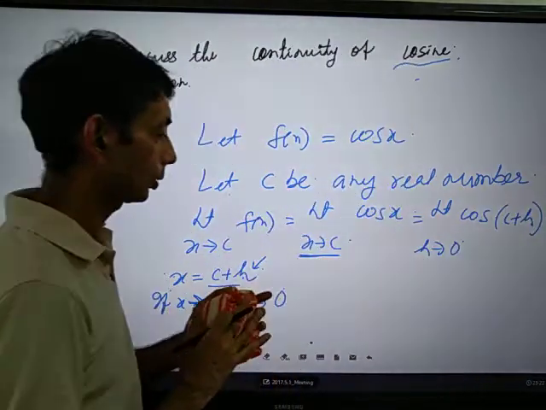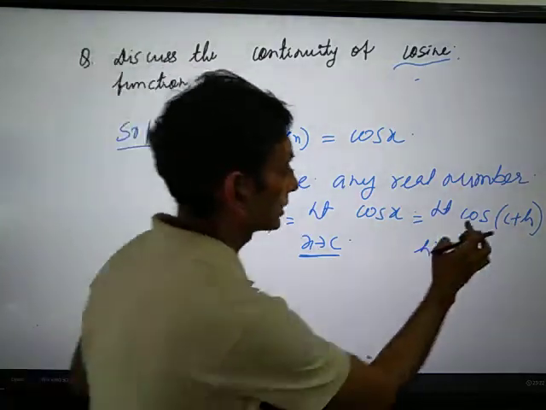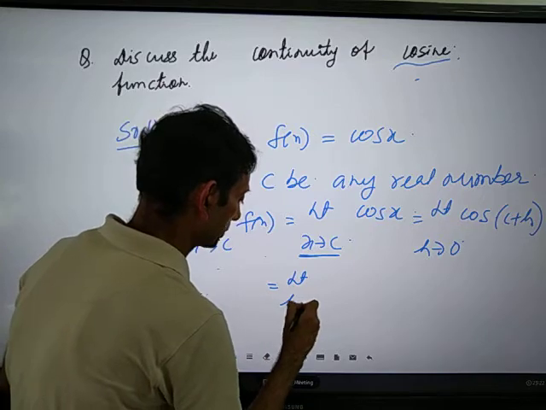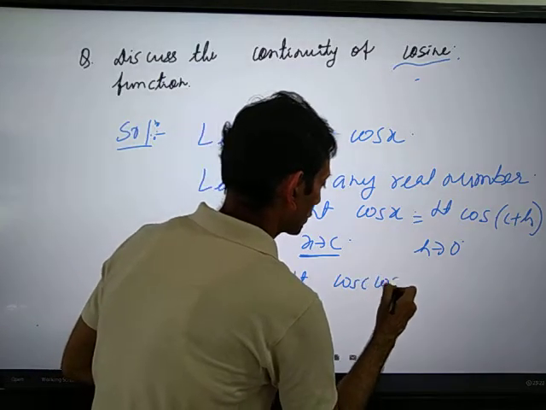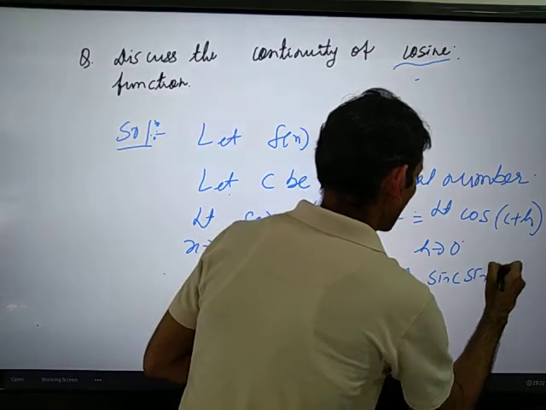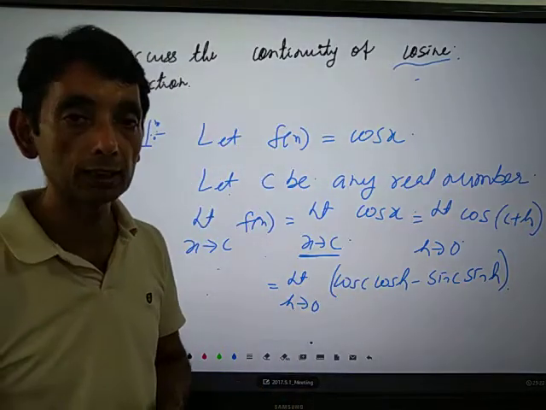Next, we are going to use the cos(a plus b) formula: limit h approaches 0, cos c cos h minus sin c sin h, that is, cos a cos b minus sin a sin b.